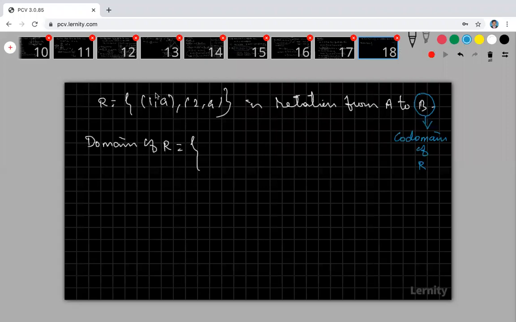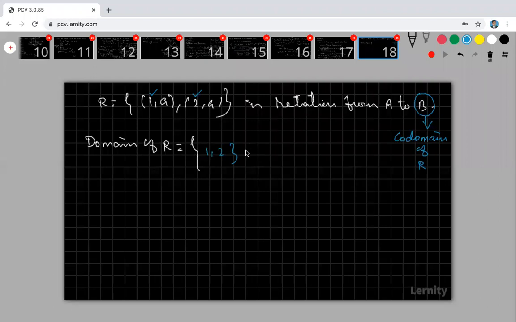So collect the first element in every pair, the set of all first elements in every pair of the relation set. That is called my domain. 1 comma 2 is the domain set, the set with 1 and 2, that is called my domain of R, right?